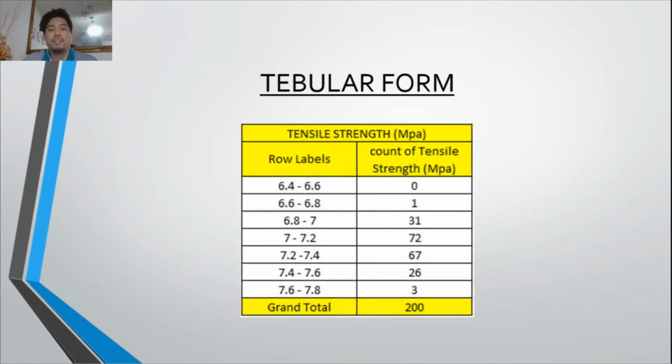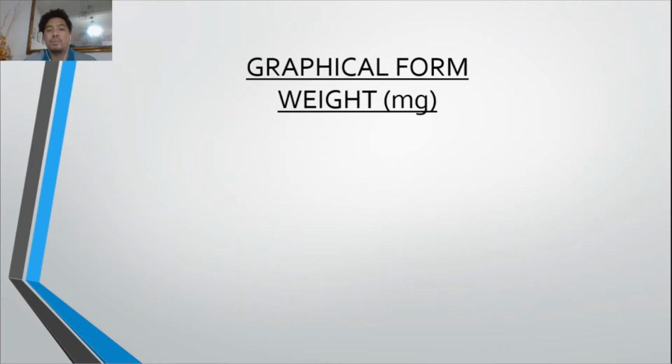For the tensile strength from 6.4 until 7.8, we conclude that the highest tensile strength is at the 7 to 7.2 level, where the value is 72.